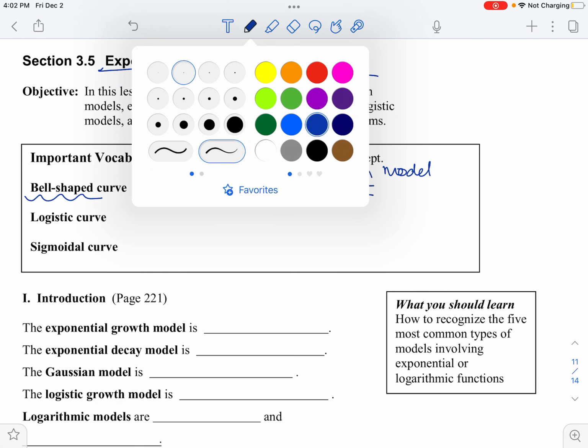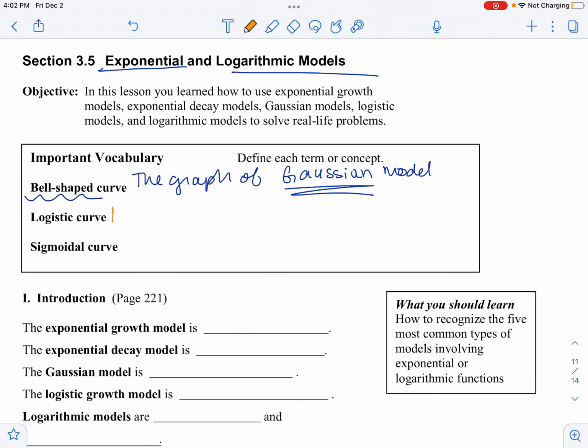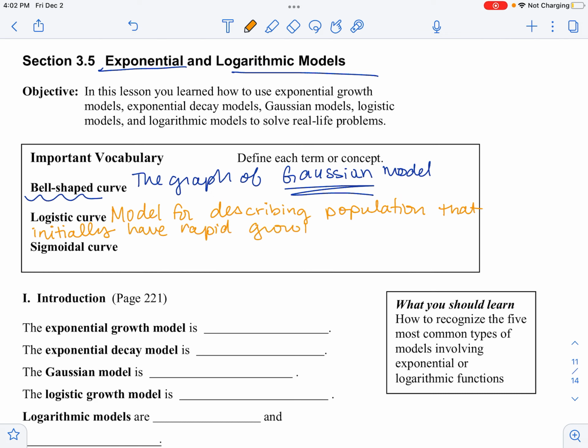A logistic curve is the model that describes populations that initially have rapid growth, but it's followed by a declining rate of growth.